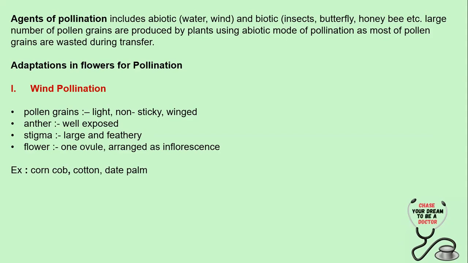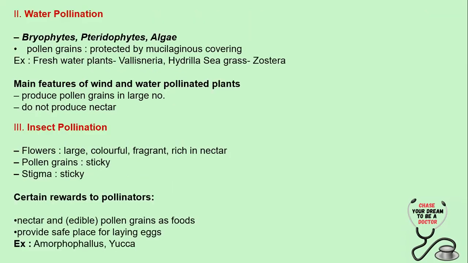These will be arranged as inflorescence, for example corn cob and date palm. So wind pollination characteristics: dry, non-sticky, light pollen, well exposed anther, large and feathery stigma, and only one ovule will be present.